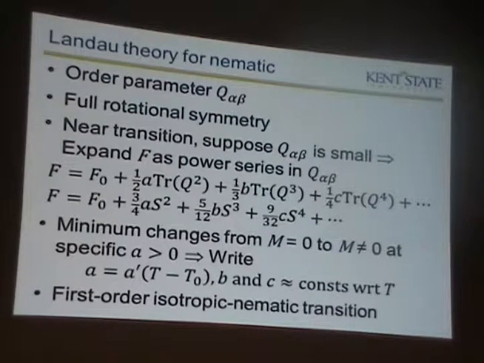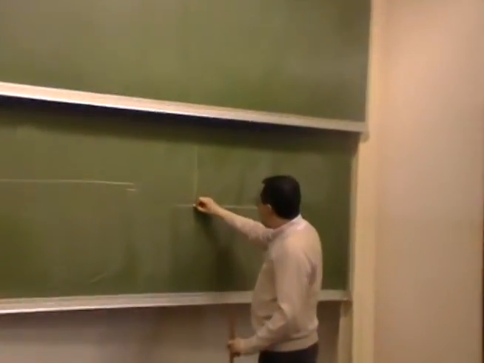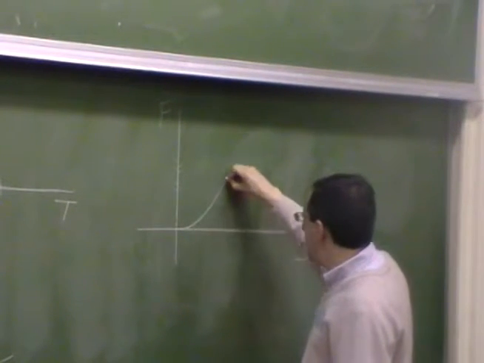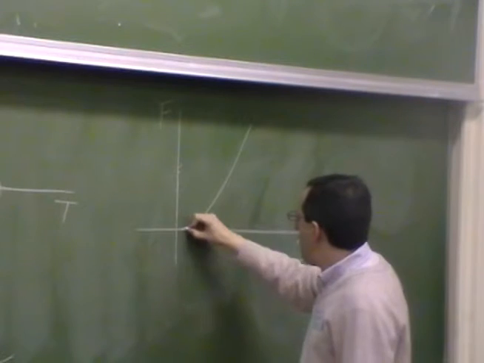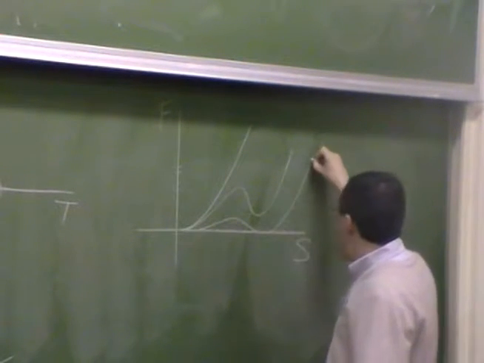Okay, and so then when you look at the characteristic shape of the free energy, just based on expanding that, the shape of the free energy with the cubic term, it is something that can start off like this and just keep going up, or it could come down like that, or down like that.